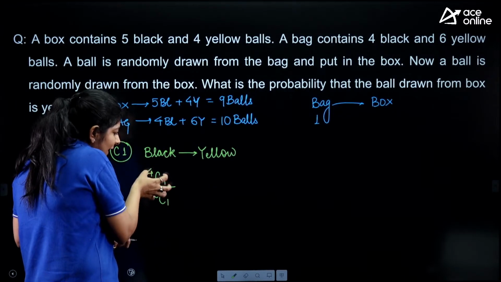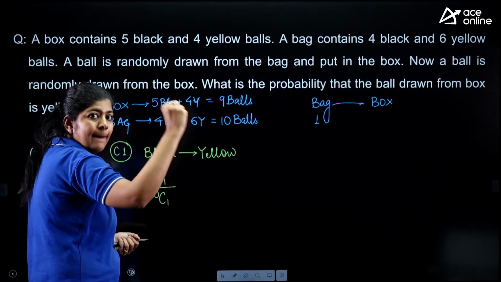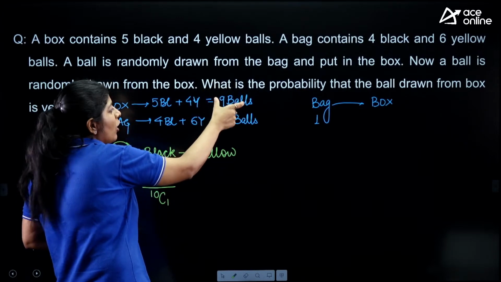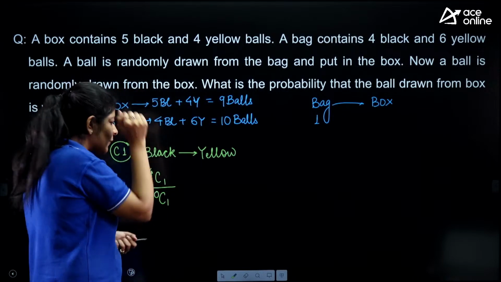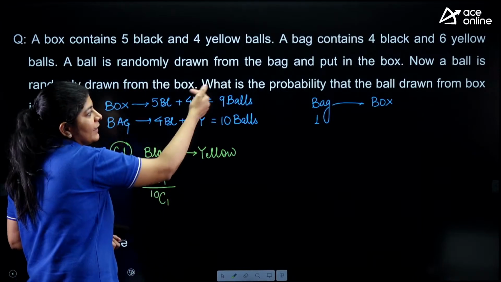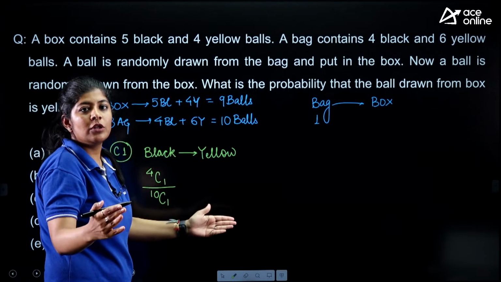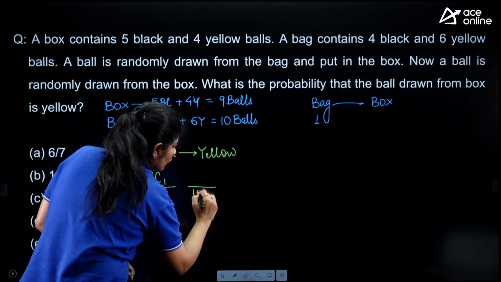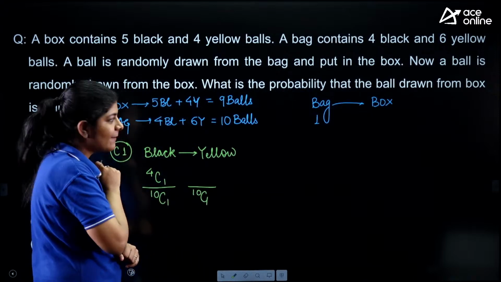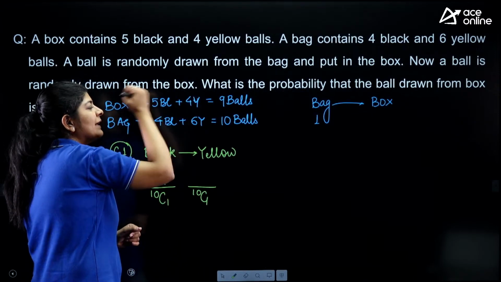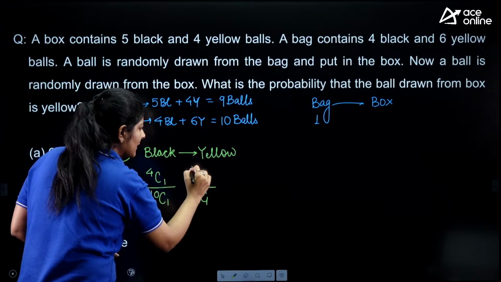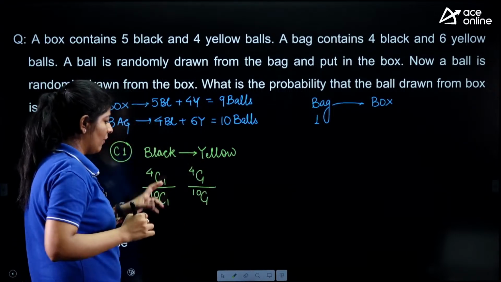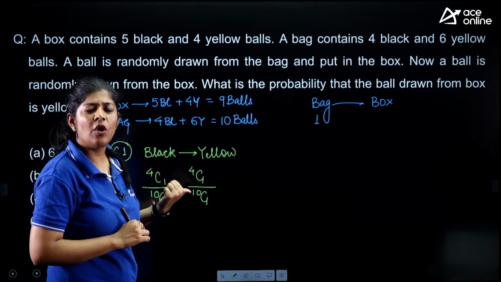Now I am putting this black ball in the box. In the box we were only having 9 balls, but we need to add this ball, so now the total balls in the box is 10. From that again I need to choose 1. This is my sample space. And this time I only need a yellow ball, that means 4C1. Now what do I need to put, addition or subtraction?